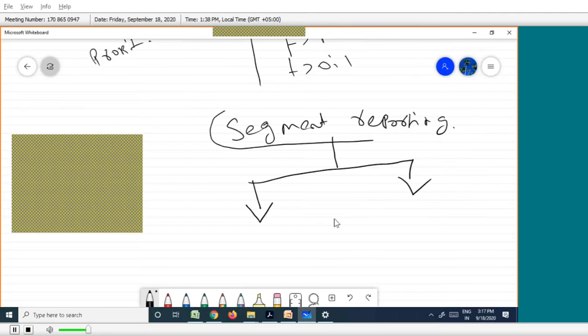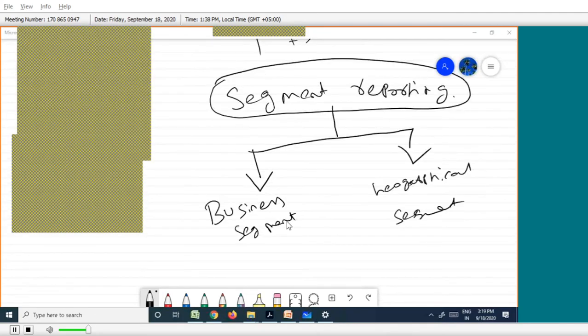So what is business segment, sir? What is geographical segment, sir? Say for example, a particular company is doing cement business. The same company is doing paper business.